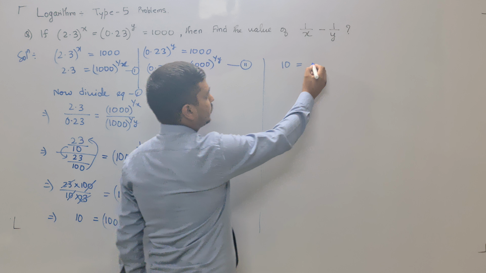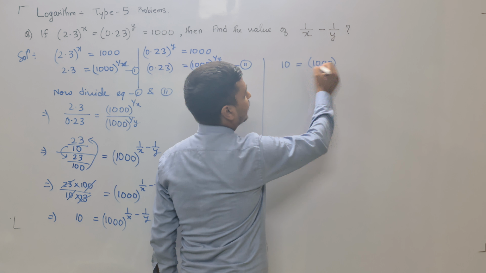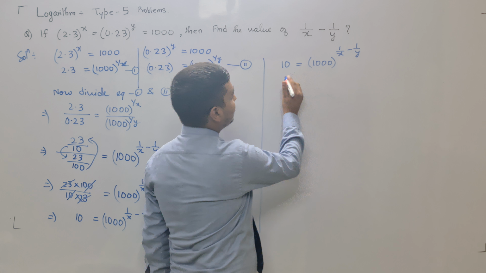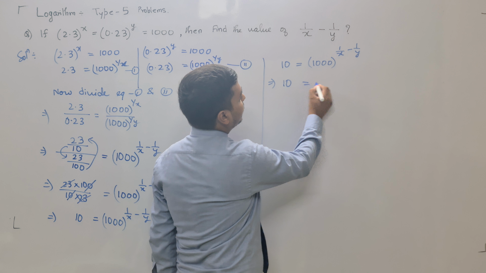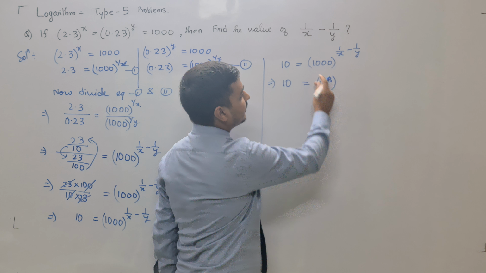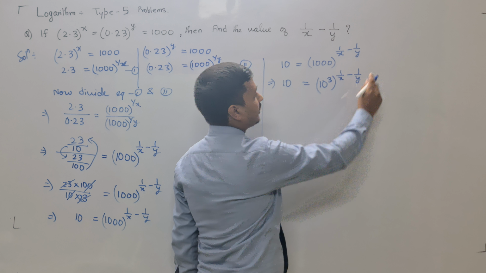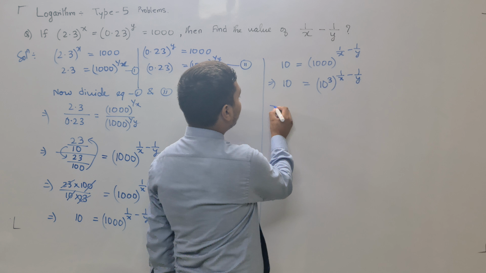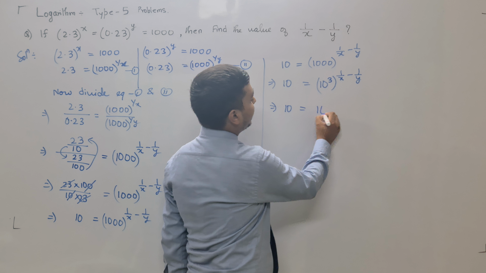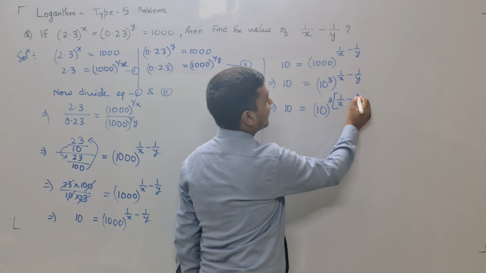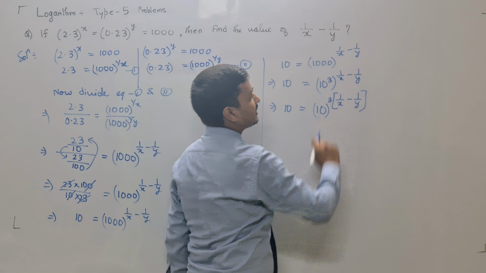10 equals 1000 power 1 by x minus 1 by y. Now how can I write 1000? Can I write it as 10 power 3? 10 power 3 is known as 1000. Very good. So 10 is equal to 10 power 3 times 1 by x minus 1 by y, because it is in power form.